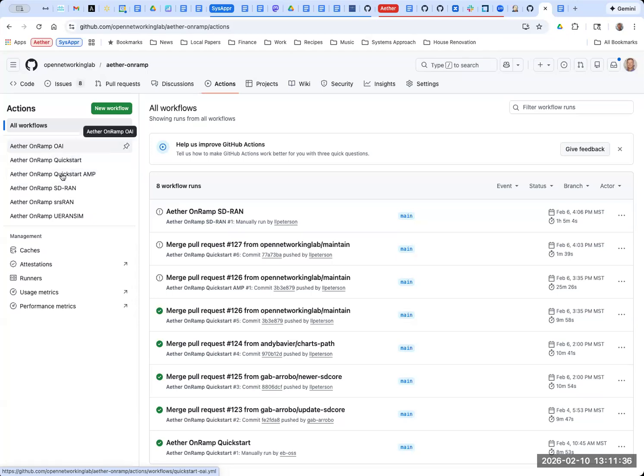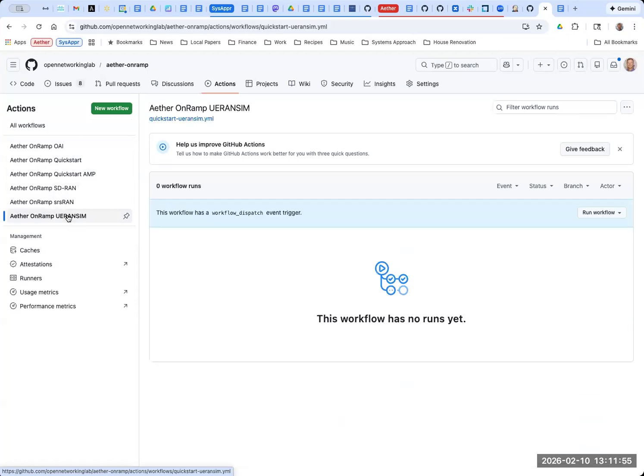But once you get to all these other ones, there is a separate Docker container putting workload on the core. So my hunch is that there's something about the environment they're running in that the separate Docker container doesn't work with. UE ransim, as an example.